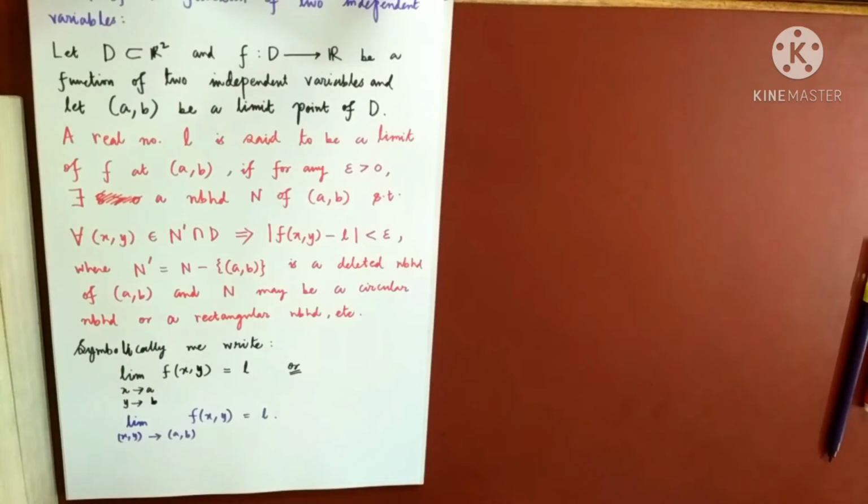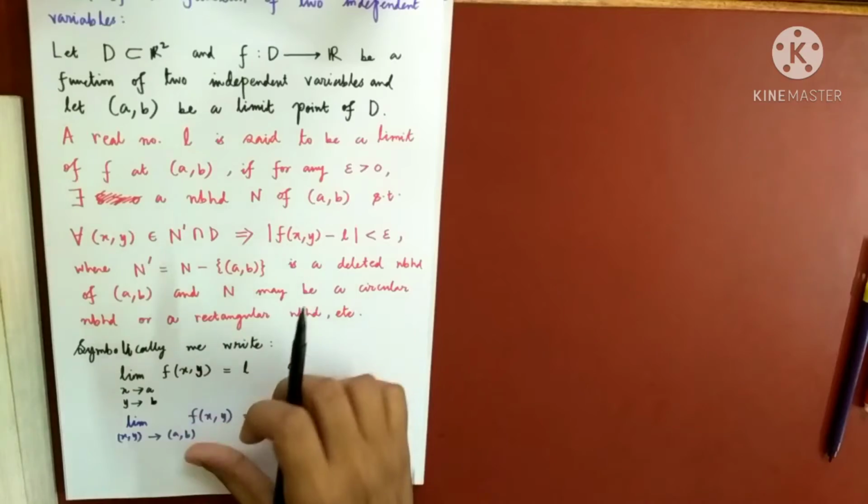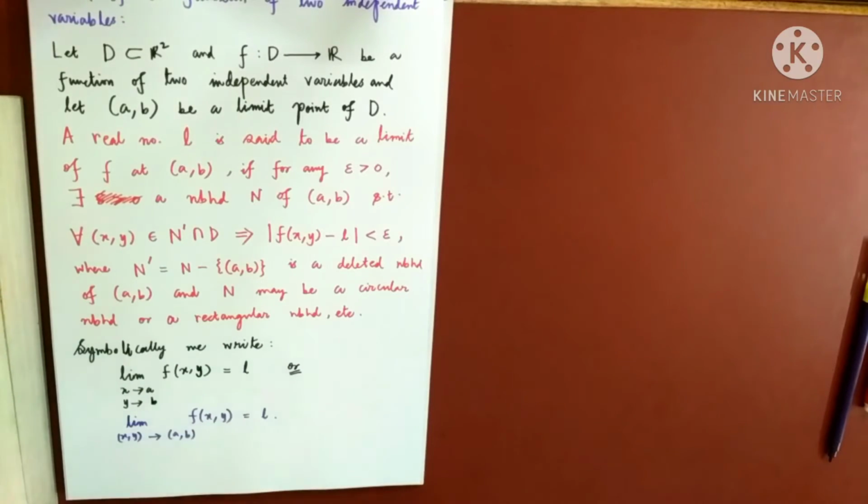Like you used to write limit x tends to a, f(x) equals L, similarly we will follow this kind of notation, and this limit is called a simultaneous limit or double limit.